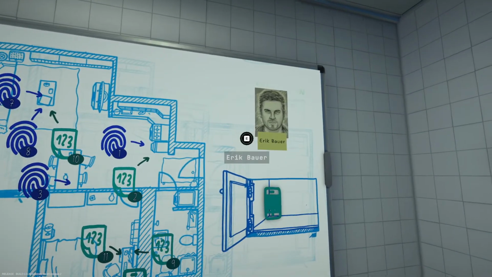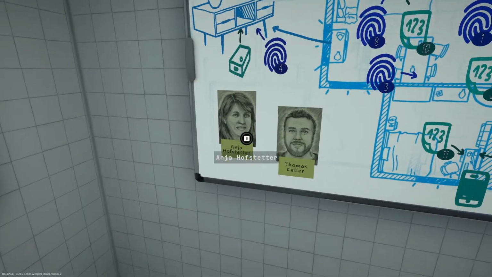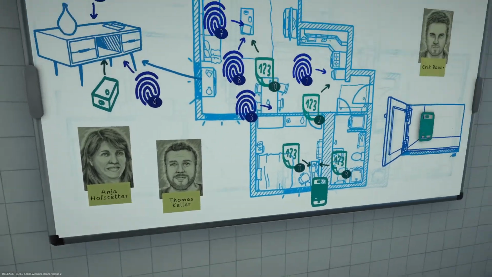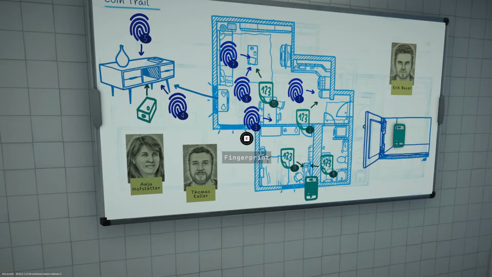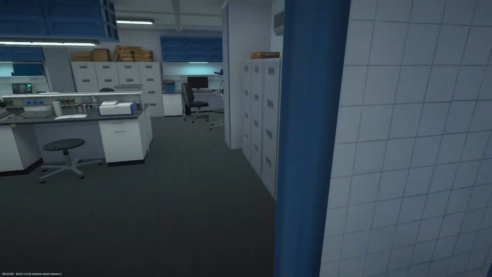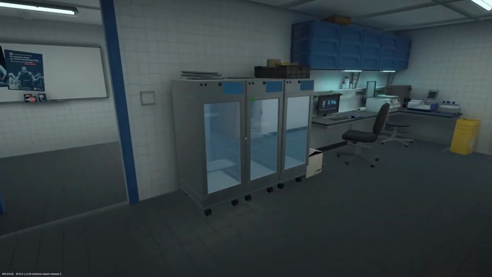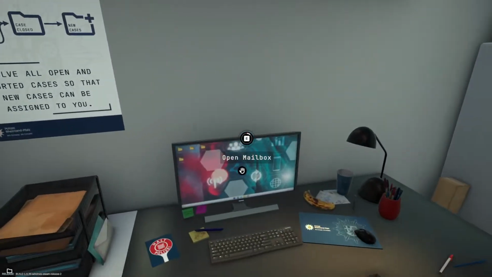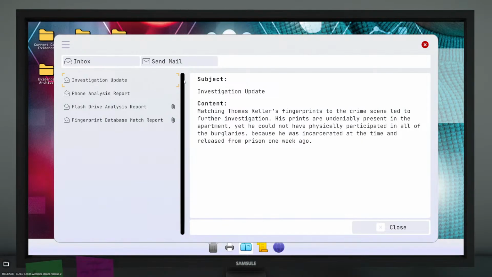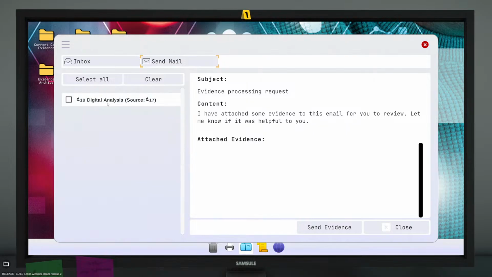So we got Eric. He's the tenant. I'm just the landlord. Thomas is the cousin of Eric. Here, let's send in this data from the phone and see what we get back from it.